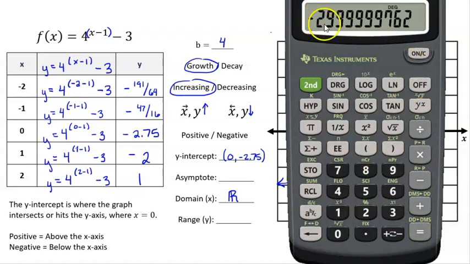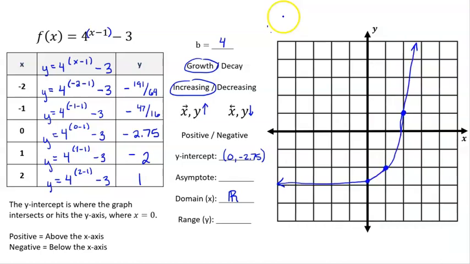And notice that it's still getting extremely close to that -3. And so that's how I was able to get my asymptote over at -3. So just kind of keep that in mind. You can put more extreme numbers in if your table doesn't quite show you what you need to see in order to write that out. So we've got this, and then it's still above -3 for my range. And so this is our last problem.